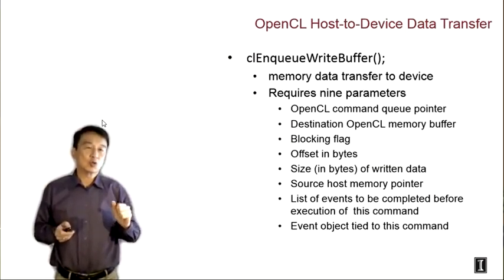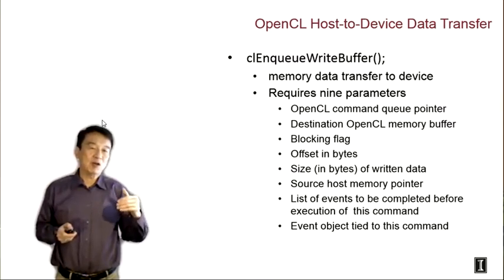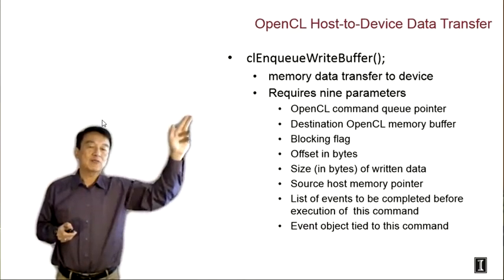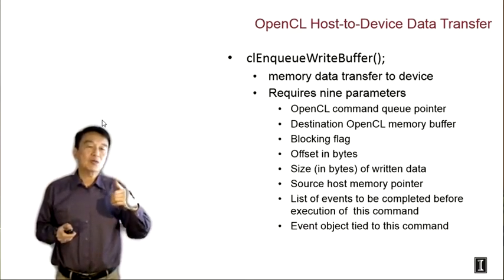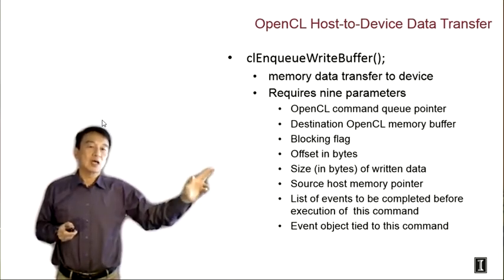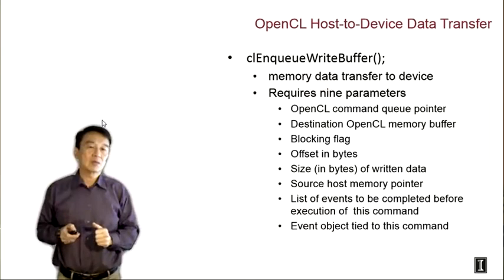If we set it to true, that means the command will execute and finish before the function returns. So if we set that flag to true, then this function will not return until the data transfer is complete. The fourth parameter is the offset in number of bytes.